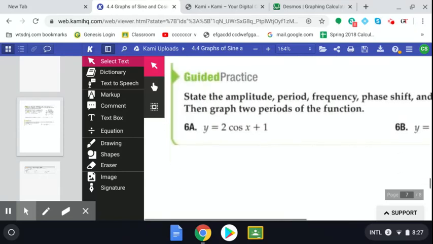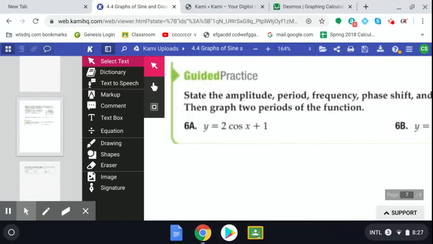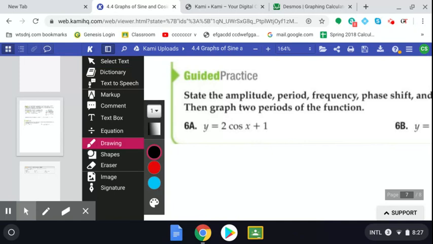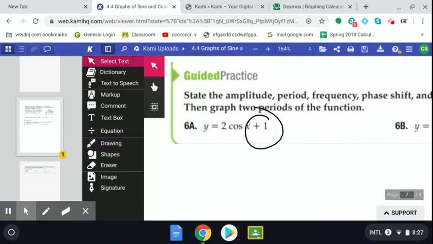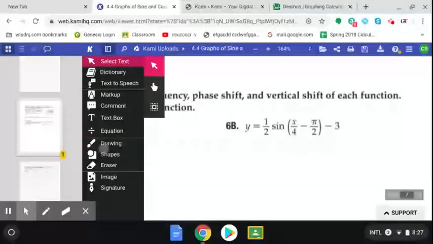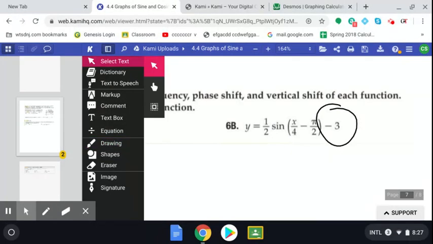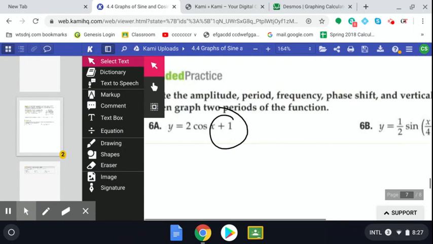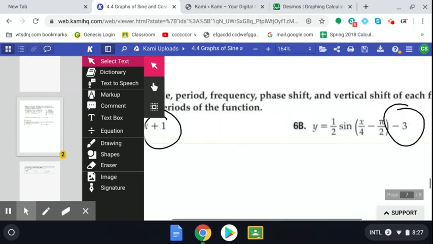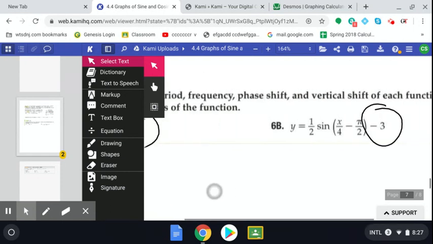So for instance, over here, your midline is going to be this number. Over here, your midline is going to be this number, okay? So now they want you to do everything with this one. They want to know the amplitude, period, frequency, phase shift, and vertical shift of each function.